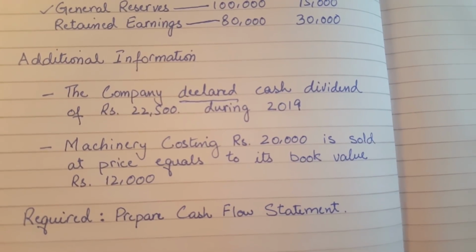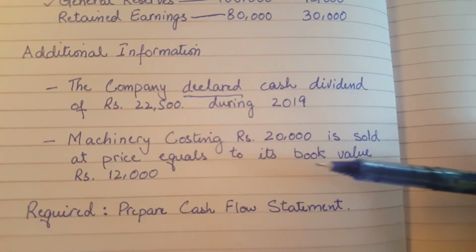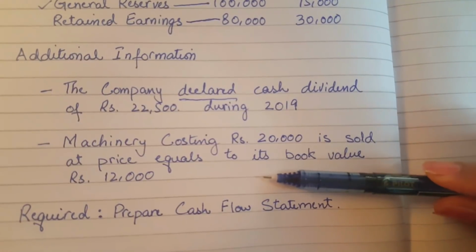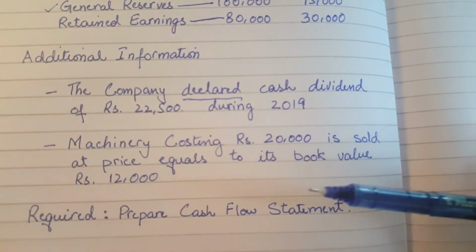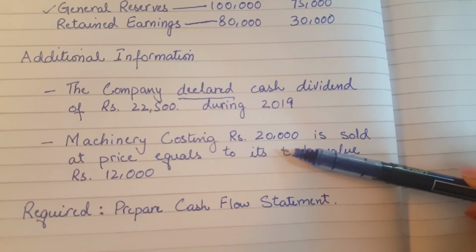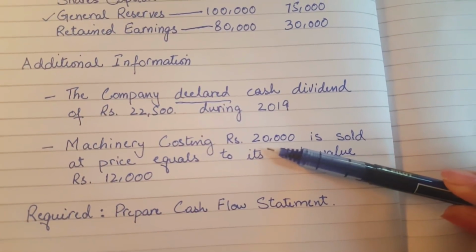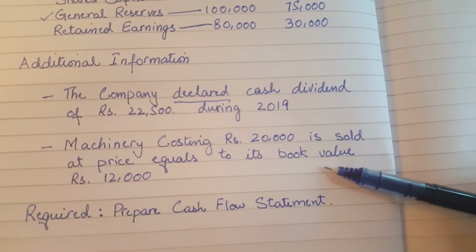So are you understanding my point here? Direct depreciation is not mentioned, but we have to make an adjustment in this accumulated depreciation account. So guys, you can see that the machinery cost is 20,000. The machinery's actual cost is 20,000 and it is sold at its book value.